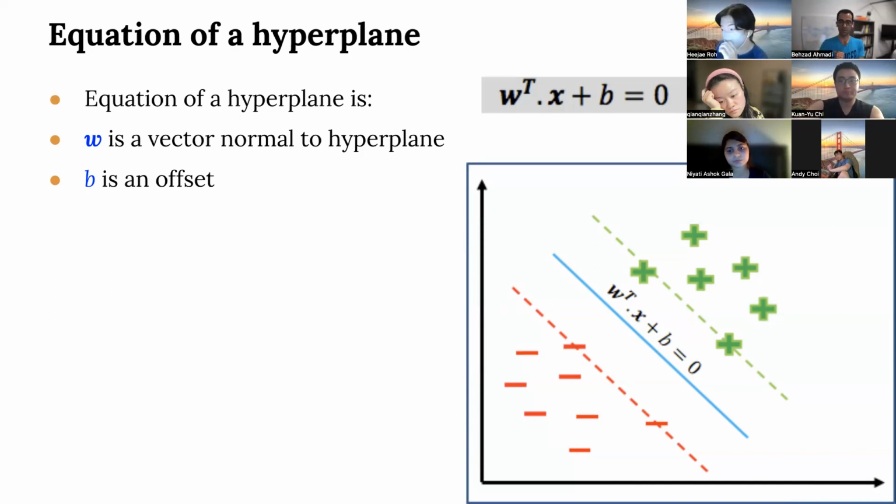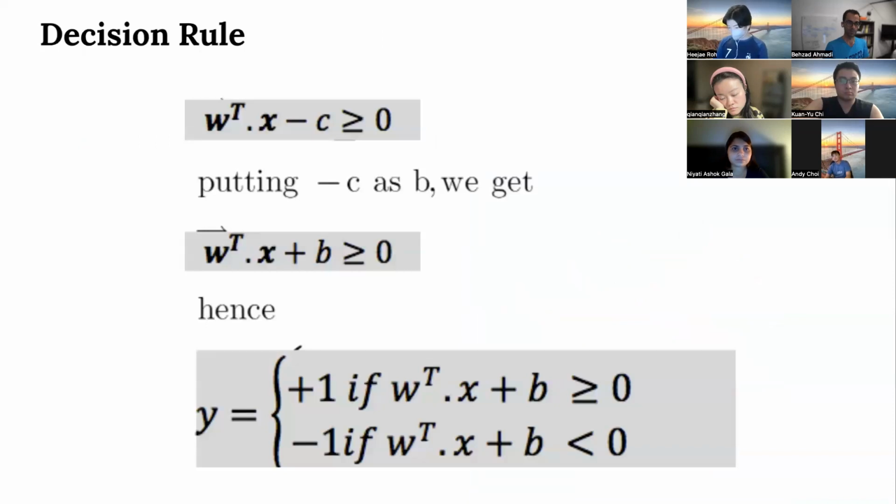If this is smaller than 0, you are going to assign it to the red class. You still have a cushion, and that's a good thing. You like to have a cushion. So if this number is larger than 0, you assign class +1, and this is class -1.